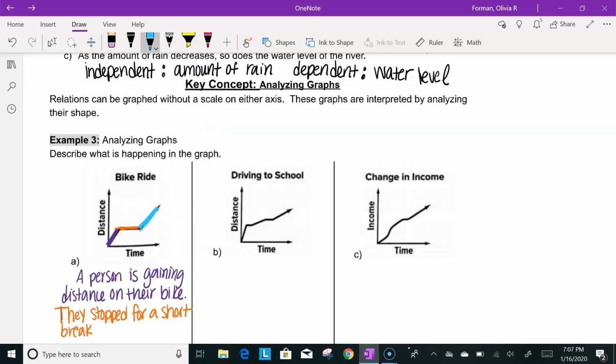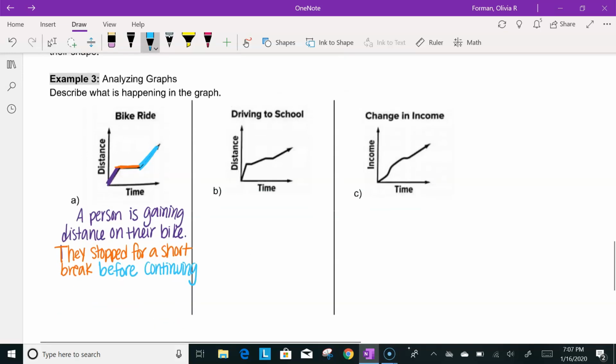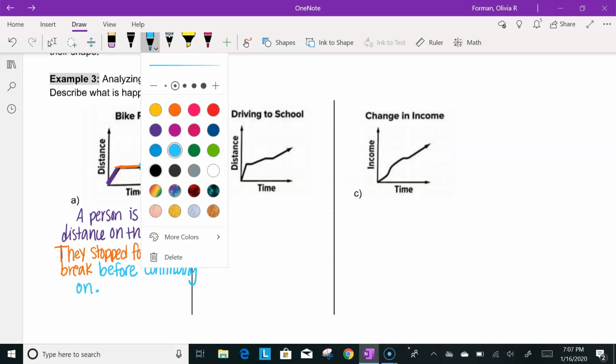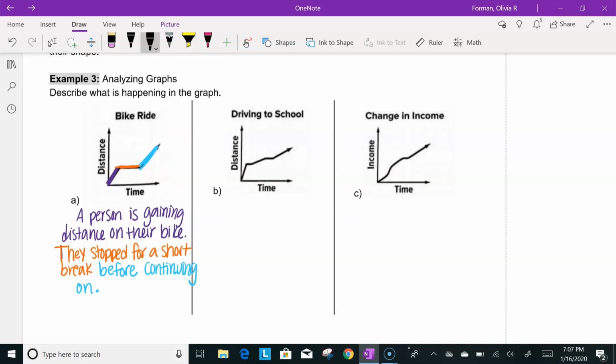Then we have that blue part, and I'm going to say before continuing on. So a person is gaining distance on their bike. That's that purple section. It levels off. This is where they're stopping for a short break, and then it starts increasing again. They're going to continue on. Okay. So again, that's how I interpreted it. There's not one right or wrong scenario here. You kind of just decide what you are thinking.